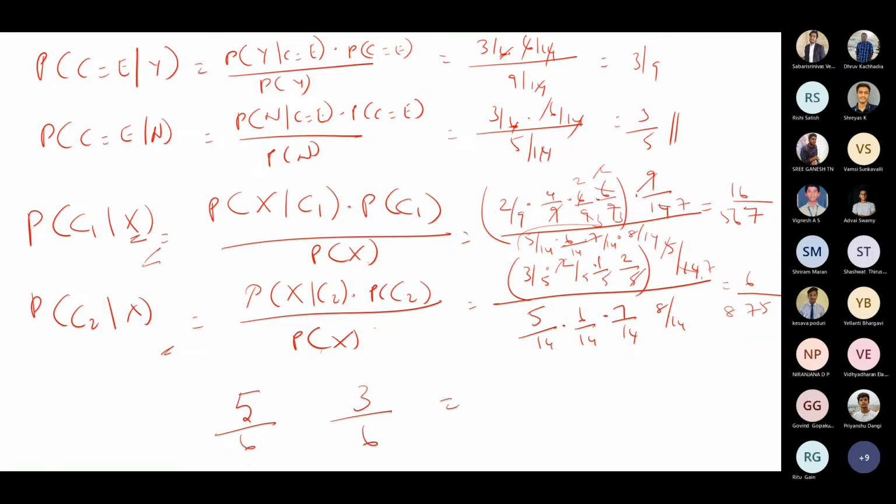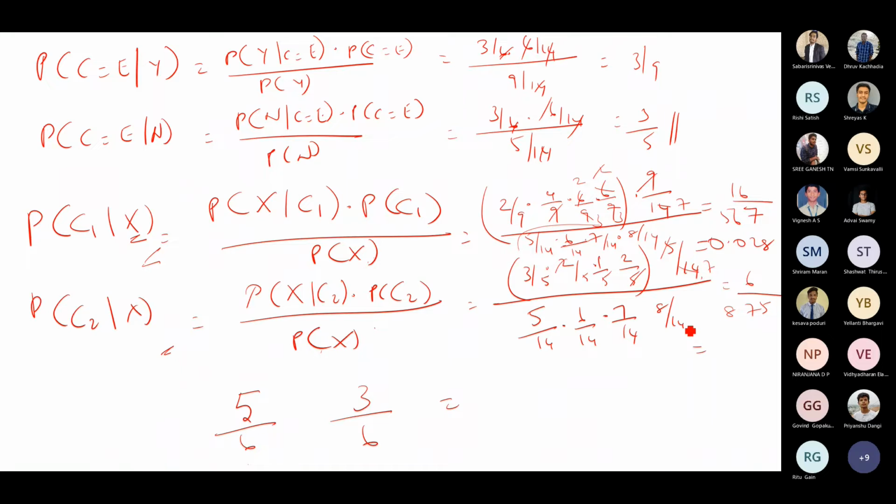So which is bigger, 16 by 567 or 6 by 875? The first one. 16 by 567, what is this value here? 0.028. What about this one?